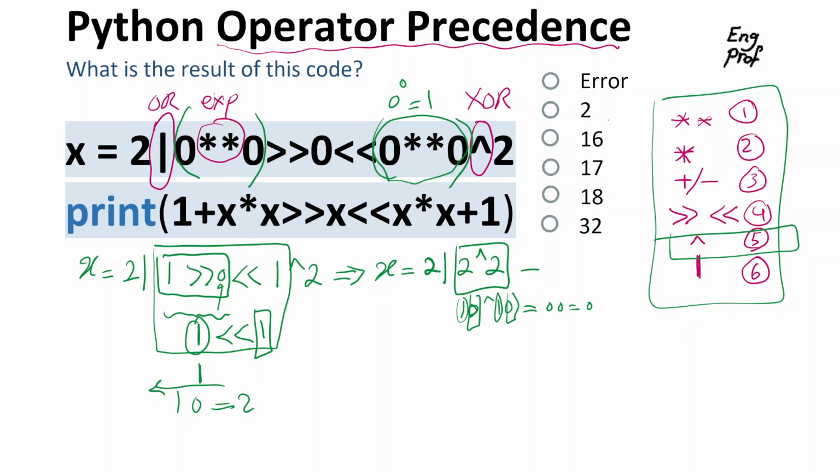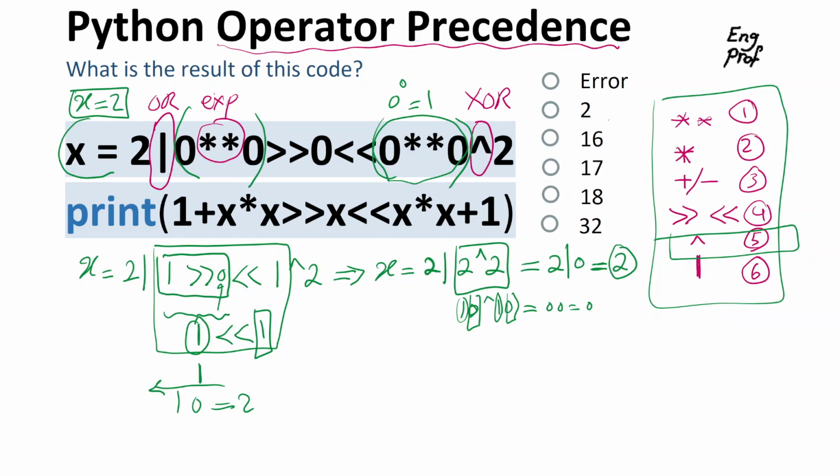So the outcome becomes 2 or 0, which in bitwise OR is just 2. Therefore, the first line results in the assignment of the value 2 to x. Now, let's move on to the second line.